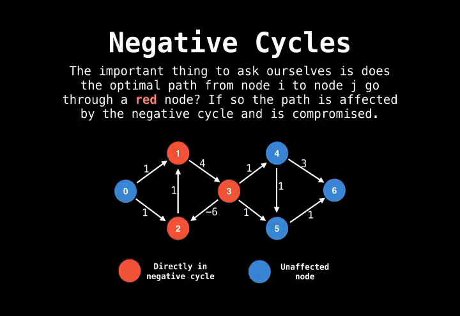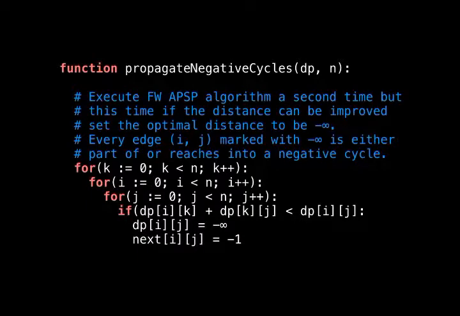Some shortest paths, however, avoid red nodes altogether. Consider the shortest path from 4 to 6. This doesn't involve any red nodes, so we can safely conclude that the shortest path from 4 to 6 is indeed 2. So to identify whether or not the optimal path from i to j is affected by a negative cycle, rerun the Floyd-Warshall algorithm a second time.